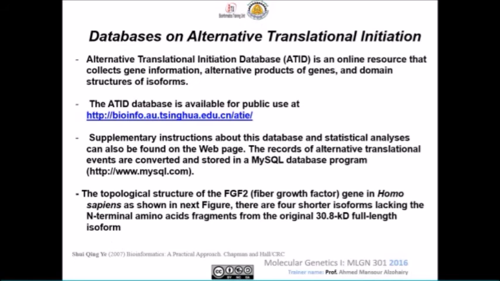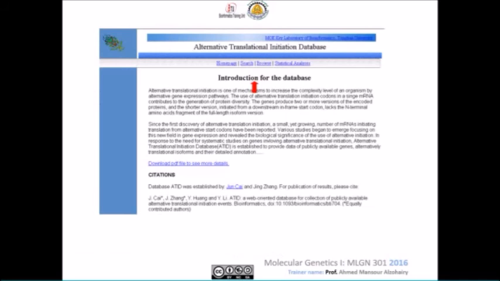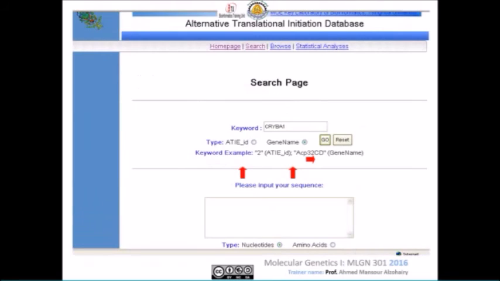Of course, as we said, there are many examples, and because there are many examples, we have a database on translational initiation, and this database can tell you if your protein has different isoforms or not. Simply, this is how the database looks. You can just click on this database and take a look, and you can search for whatever gene or protein you would like to see.